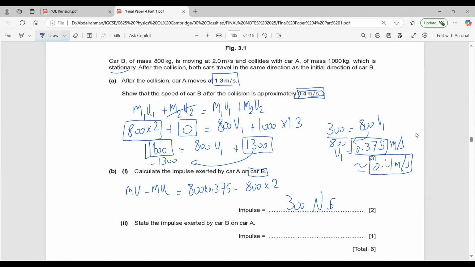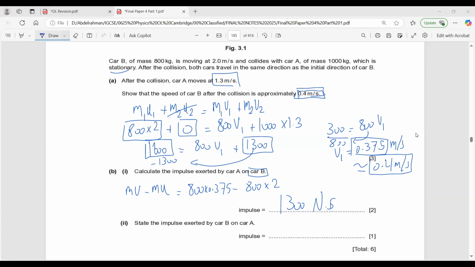So car A increased by 1,300. Therefore, car B must decrease by 1,300. It must be the same number.